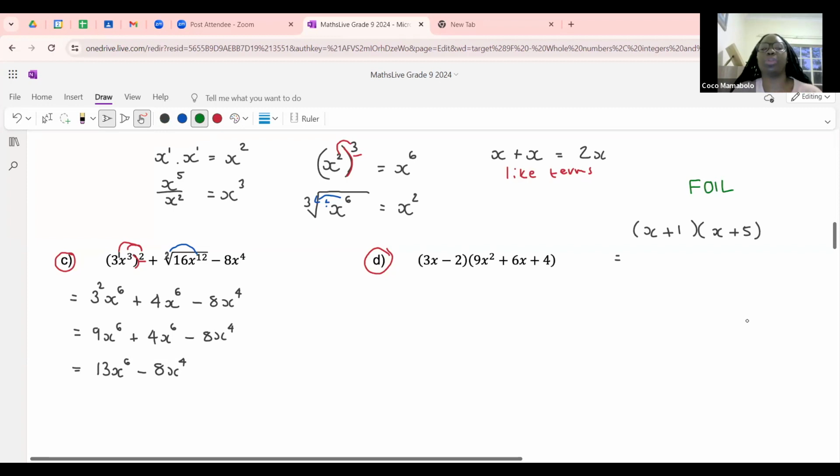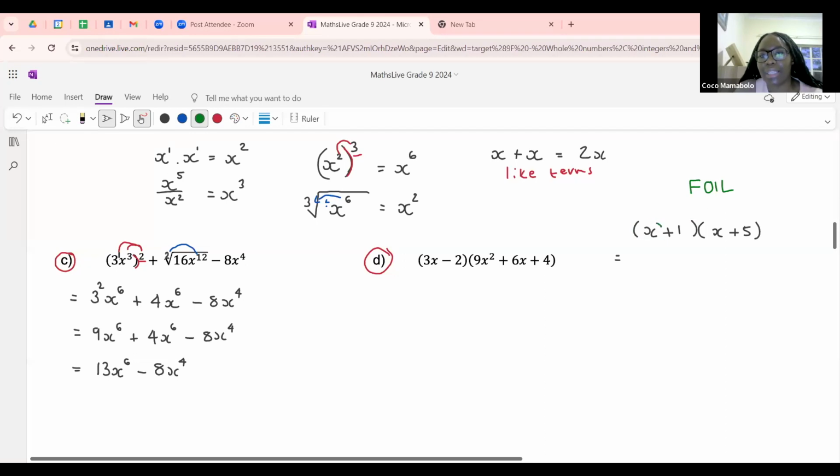But let's talk about what FOIL actually does. I know that if I want to use FOIL, I'm taking this first and multiplying them, outer and multiplying them, inner and multiplying them, and last and multiplying them. But if we think about it really, what we're actually doing is taking everything in the first bracket and multiplying it by everything in the second bracket, one after the other. Let me tell you what I mean.